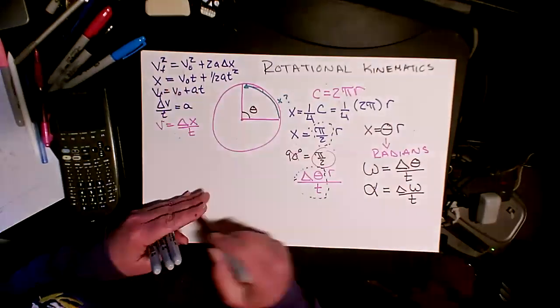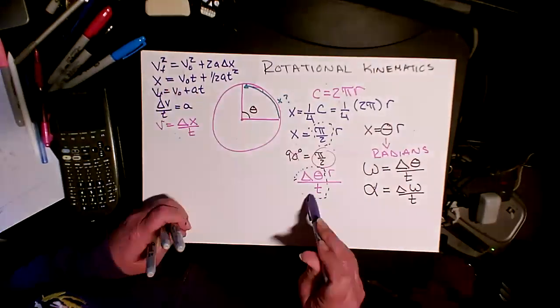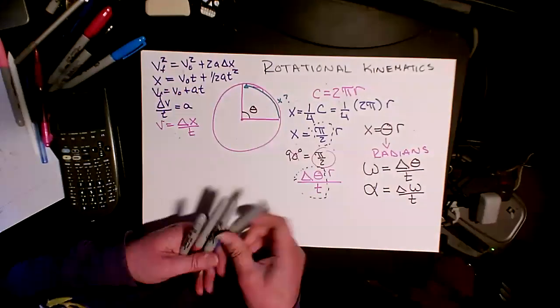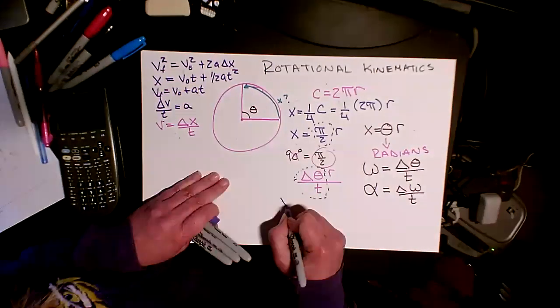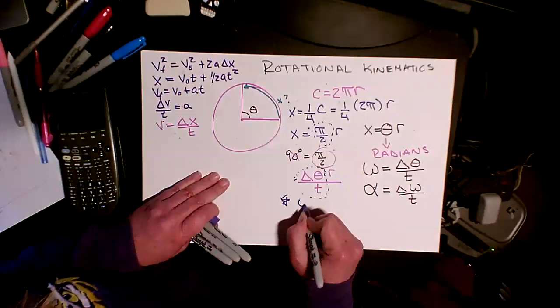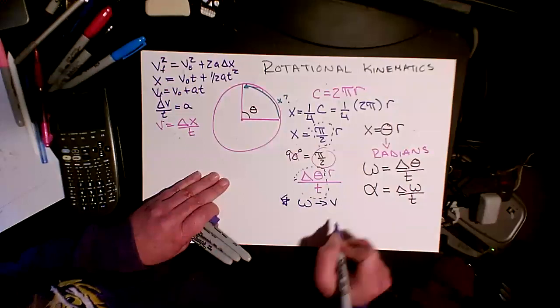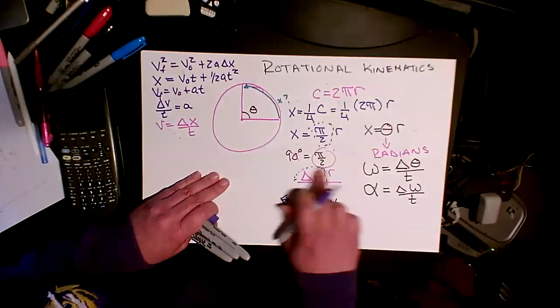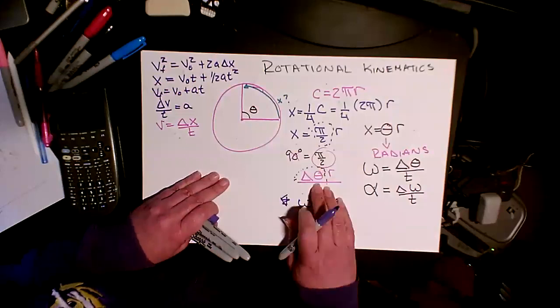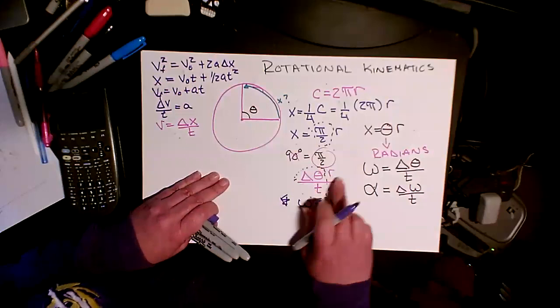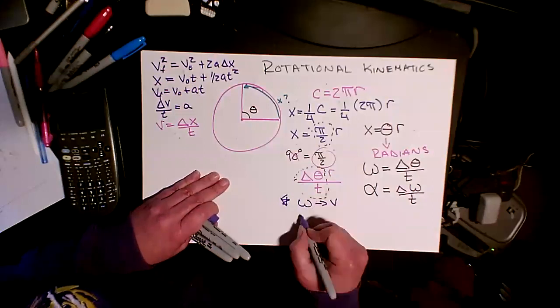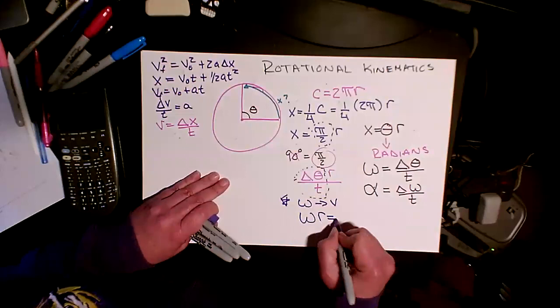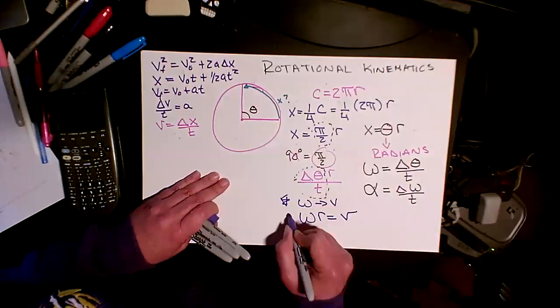We've done this for x. Going from omega to v, omega times the radius gives me velocity.